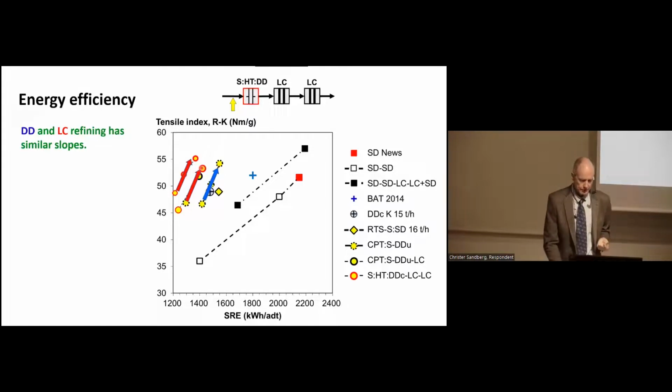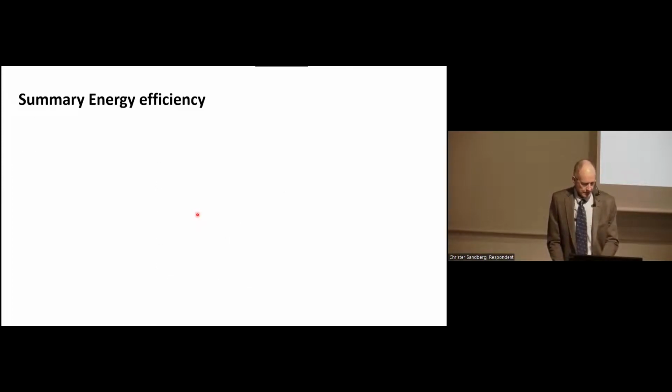And most work studying LC refining has compared that to this kind of single disk refiners. And then the LC refiners look more efficient, but not when you compare to double disk refining, or RTS, which have also high slopes.